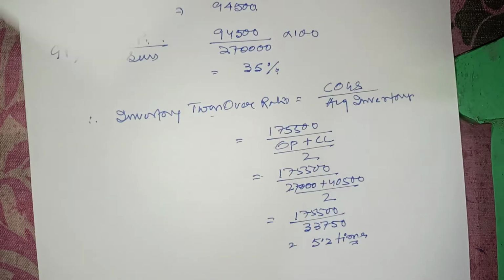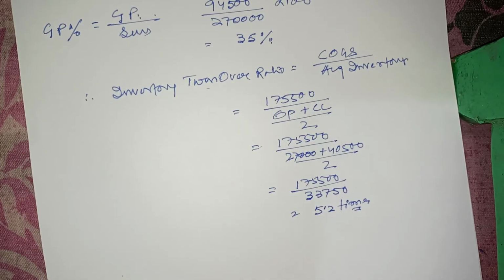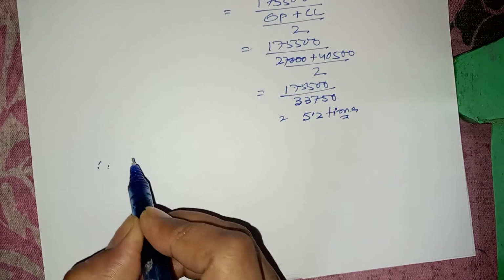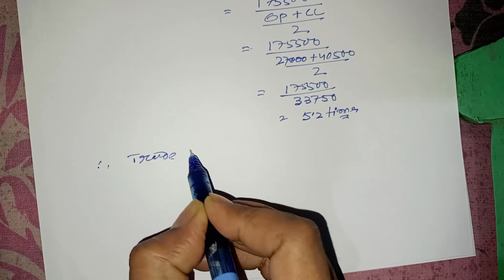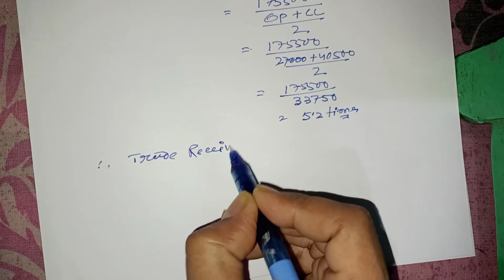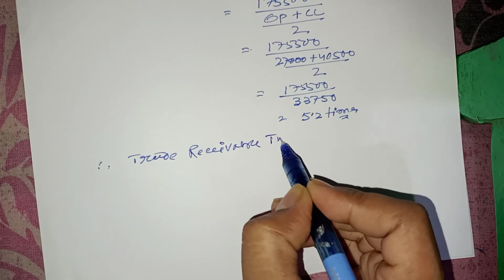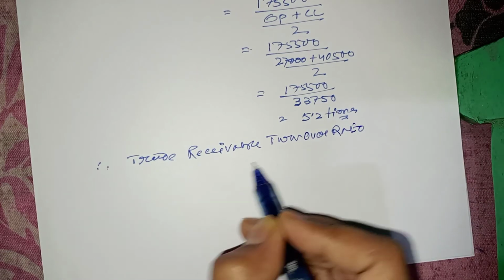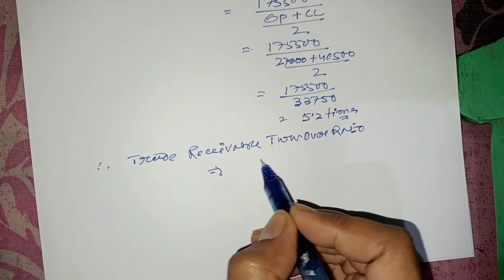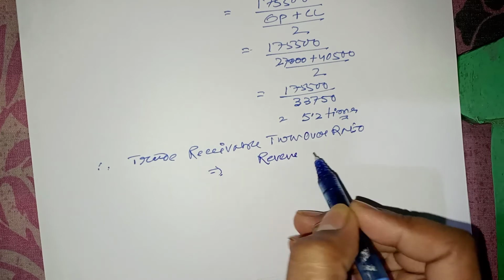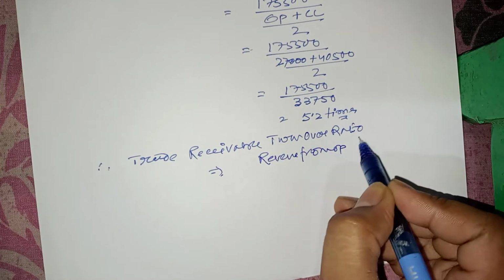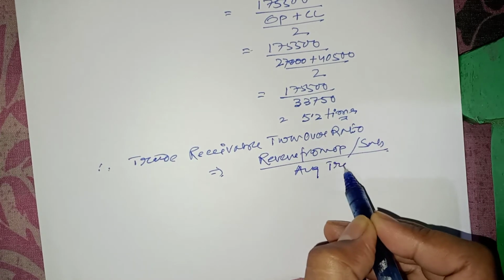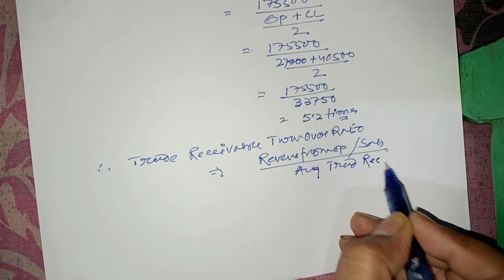Now the trade receivable turnover ratio. What is the formula of the trade receivable turnover ratio? The formula will be revenue from operations, or we can write sales, divided by average trade receivable.